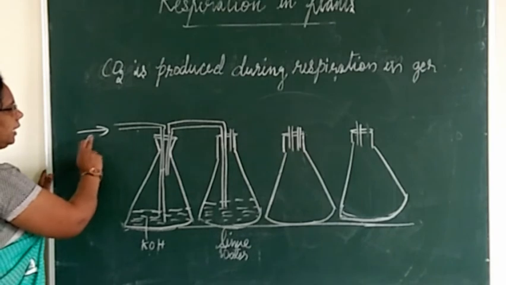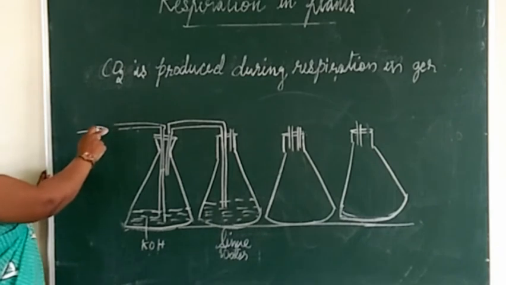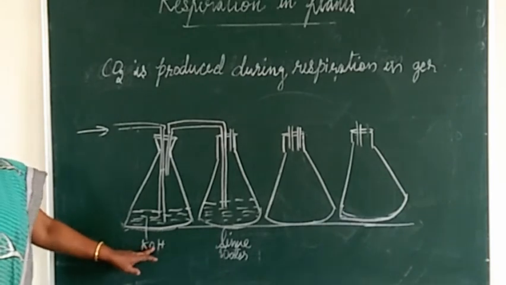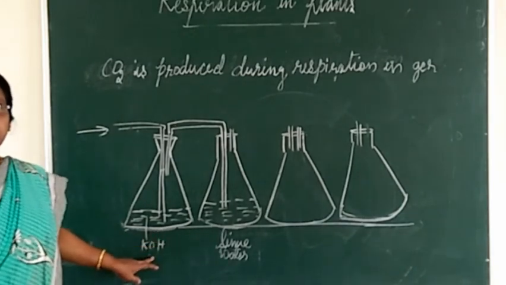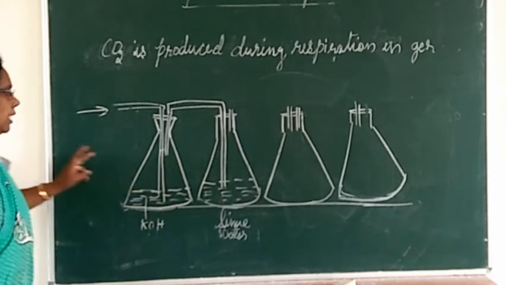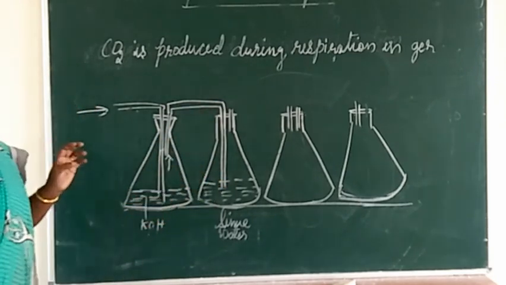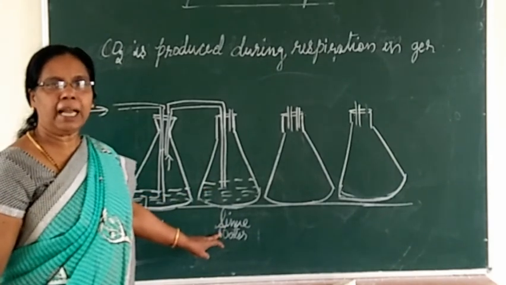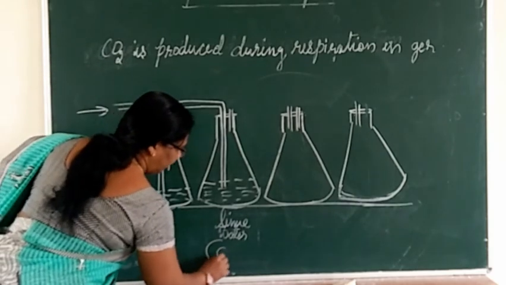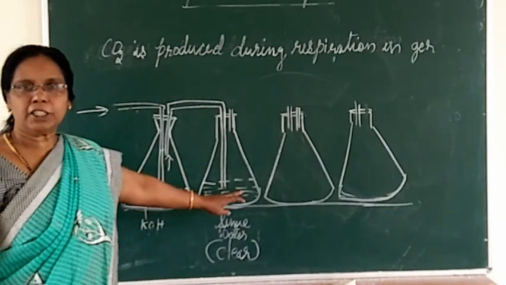So here the air will enter through this bent glass tube, and if any carbon dioxide is there, the potassium hydroxide solution will absorb it, and then the air free from carbon dioxide goes through the glass tube and reaches the second conical flask, which contains lime water, and this lime water is clear. If carbon dioxide is present, this lime water turns milky.